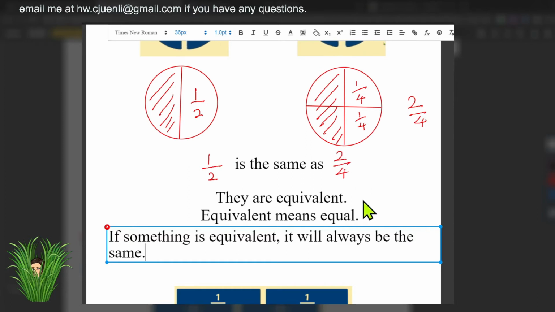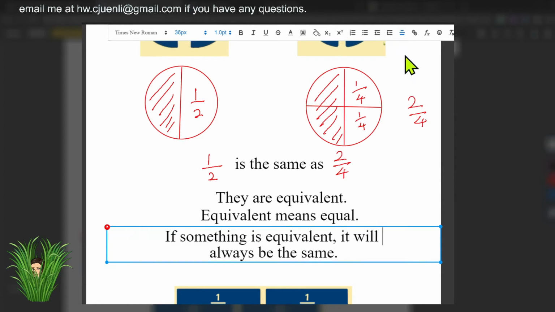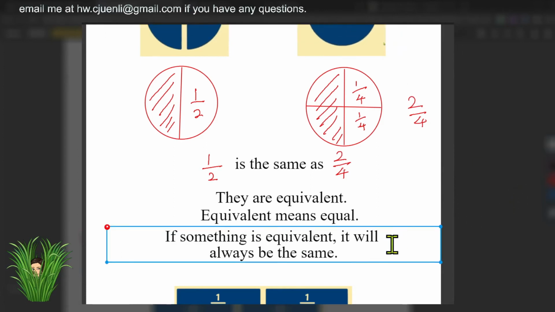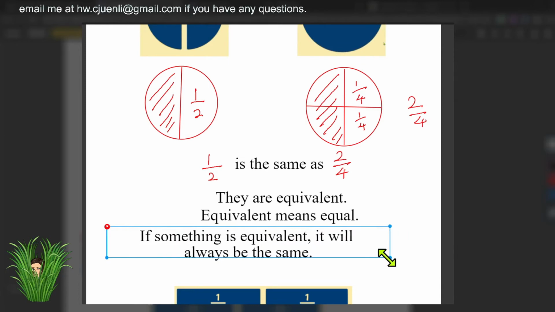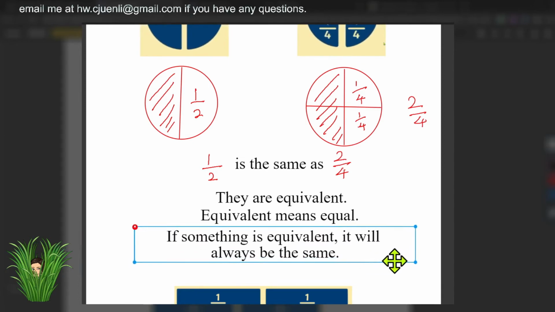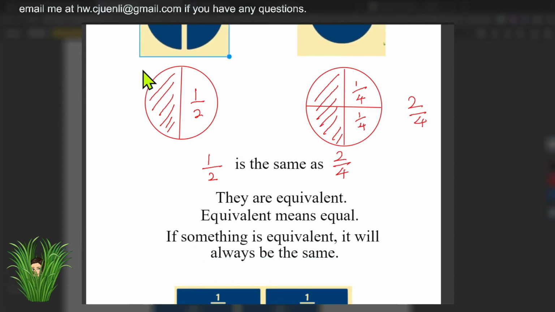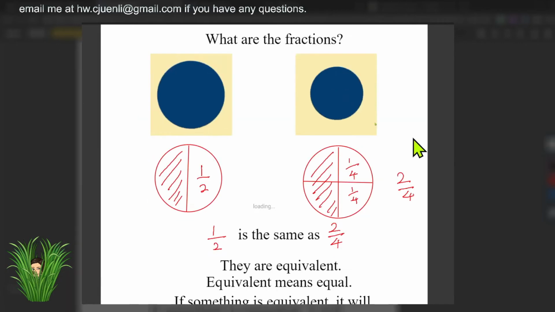It will not change to 3 over 4 or 4 over 4. No, it will always be 2 over 4. Let me move this to the middle. You can write this down as your notes. You can pause the video and draw this drawing. This GIF, you don't have to draw.